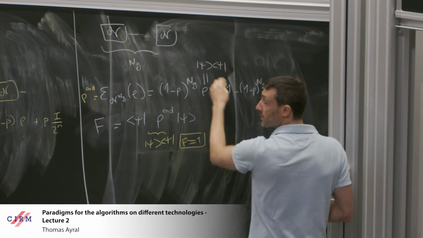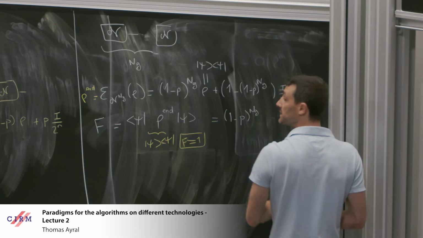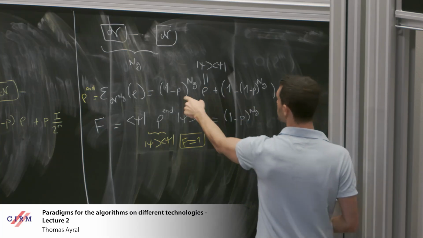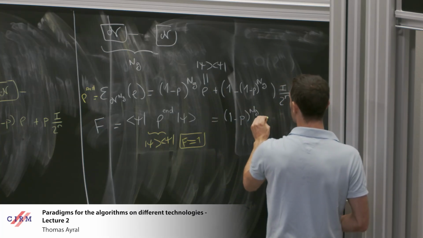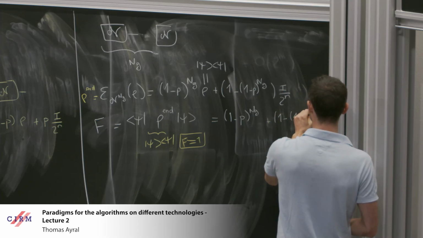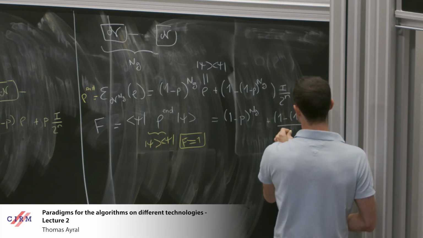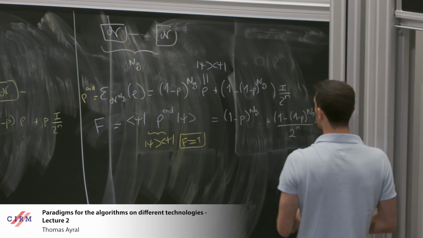So this gives me 1, so I've got (1 minus p) to the power N_G. That's the first contribution. And the second contribution is going to be plus 1 minus (1 minus p) to the power N_G. And then if we look at this here, it's just contribution 1 also divided by 2 to the n.